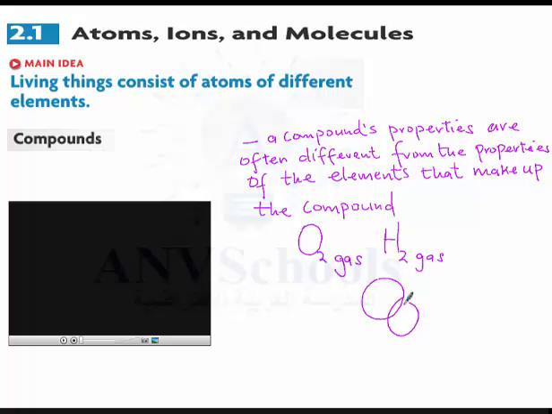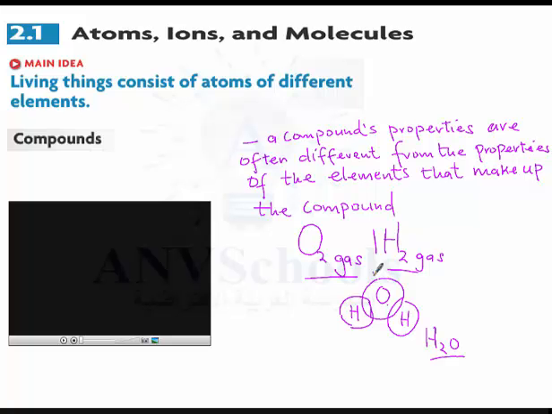They will form what we have seen as a compound, and in this case they will form H2O. So together H2O will have completely different properties from what made it.